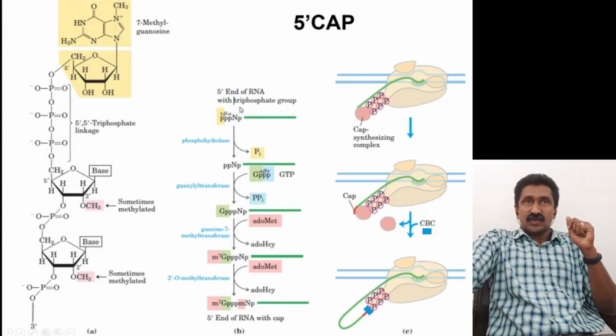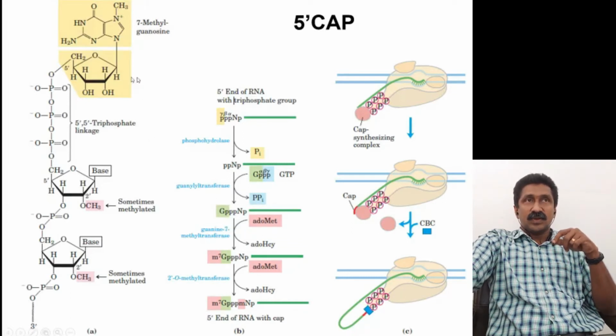So that process includes, here we have the 5' end with the triphosphate. So there is a phosphohydrolase enzyme that is used and pyrophosphate is released, which will remove 2 phosphates from one end. Then there is a guanyl transferase enzyme which is used to add a guanyl residue at one end.